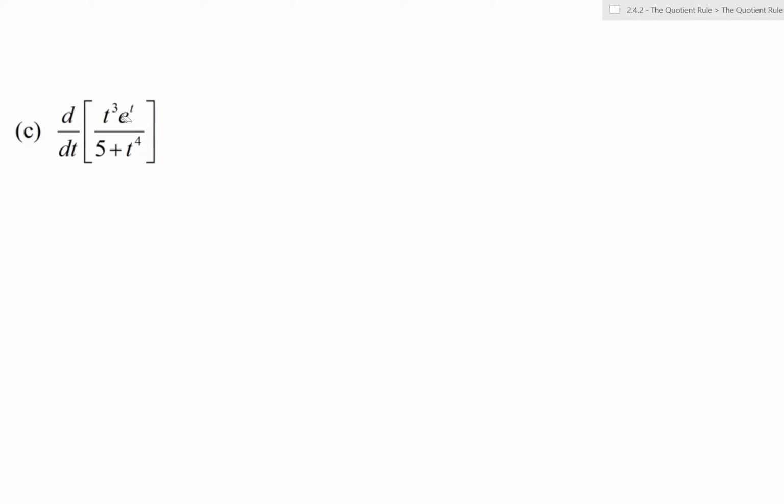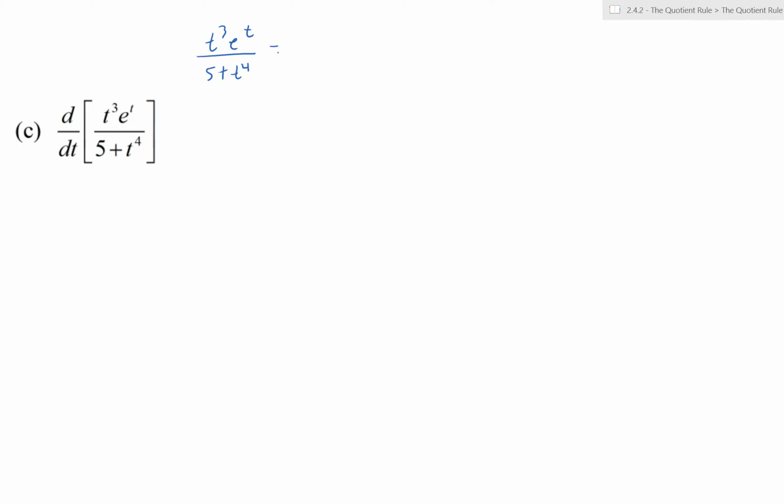So let's see, let's think of this here. This function that we have given that we're differentiating, the t cubed e to the t over 5 plus t to the fourth. So that's a quotient, obviously. But the quotient itself has, again, that numerator function, which is a product of two functions.